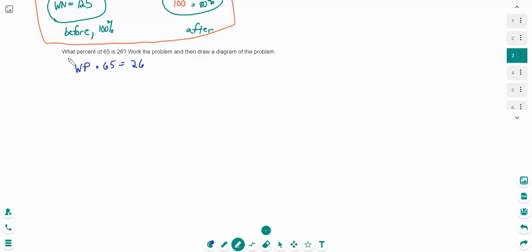Now here we have to be careful. Watch out. They're asking for what percent, which is very different than asking what number, because a percent is not the same thing as a number per se. So when we have the variable what percent, we're always going to want to write it over 100 because remember that's what a percent is.